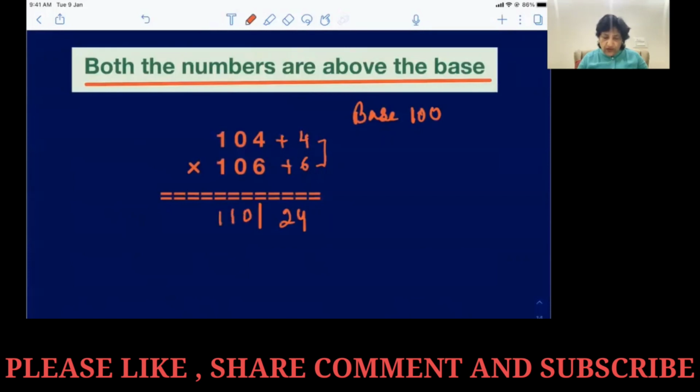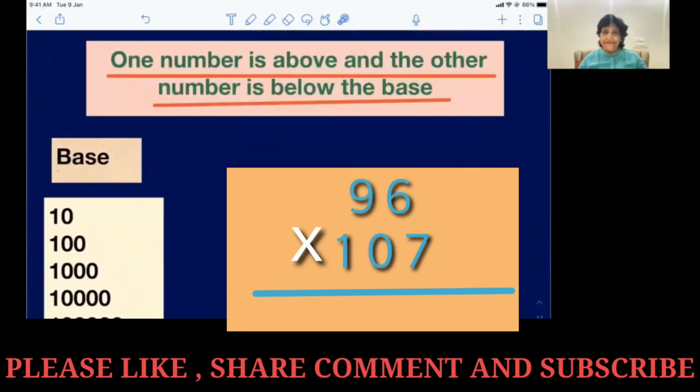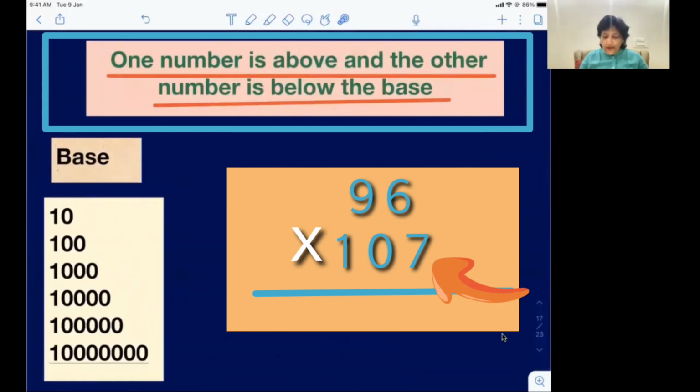And we also have seen that the base has 2 zeros and the digits at the right side is 2 digits. So this is our answer. 11024 is our answer.